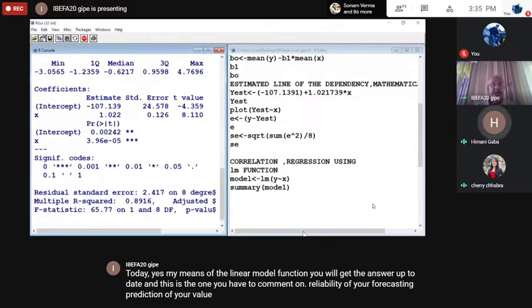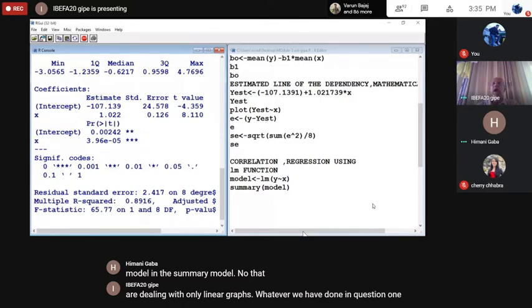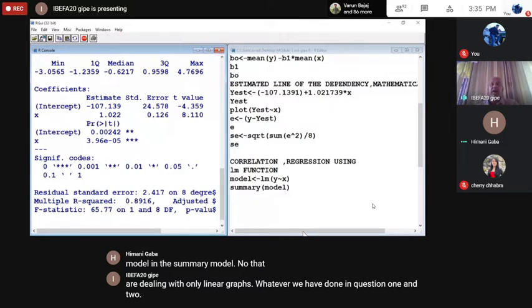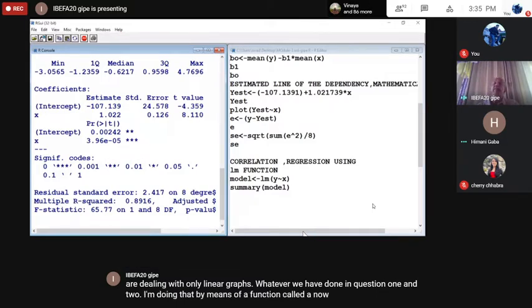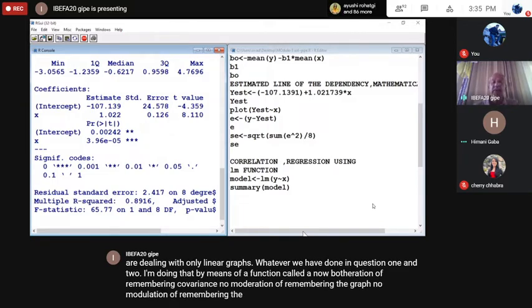But what is the meaning of this LM function? It stands for linear model, because we are dealing with only linear graphs. Whatever we have done in questions 1 and 2, I am doing by means of a function called LM. No botheration of remembering covariance, no botheration of remembering the graph, no botheration of remembering the variance, everything is available.